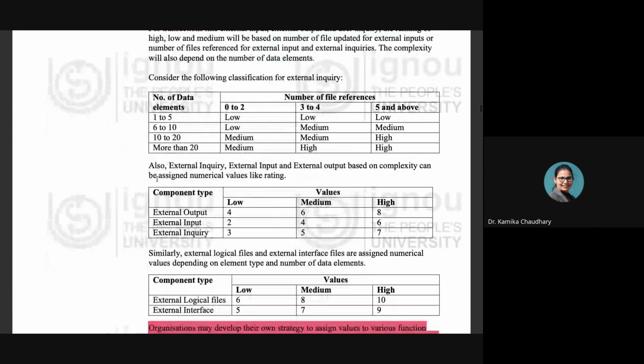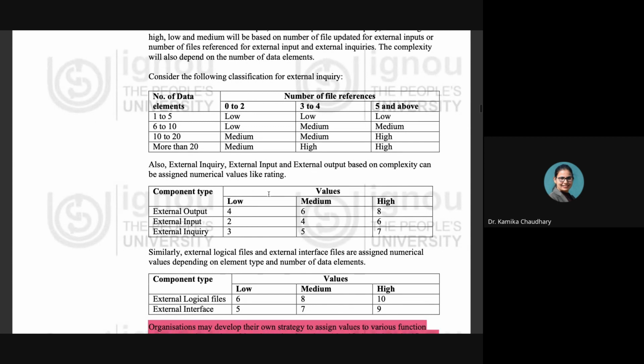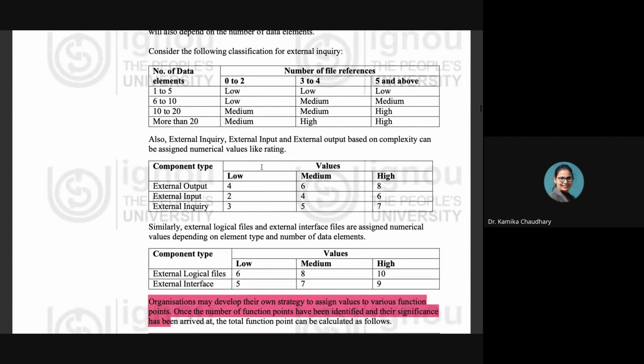Also, the external inquiry, external input, and external output, based on complexity, can be assigned numerical values like ratings. For example, we have the components external output, external input, and external inquiry. Values can be given to them on the basis of the rating. So function points majorly work on numerical values.